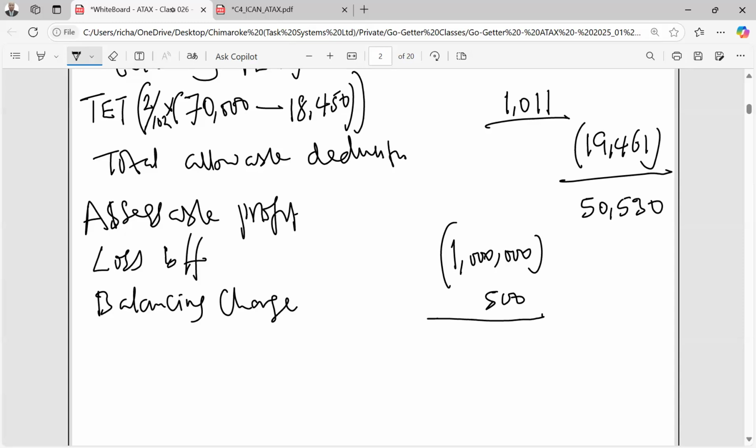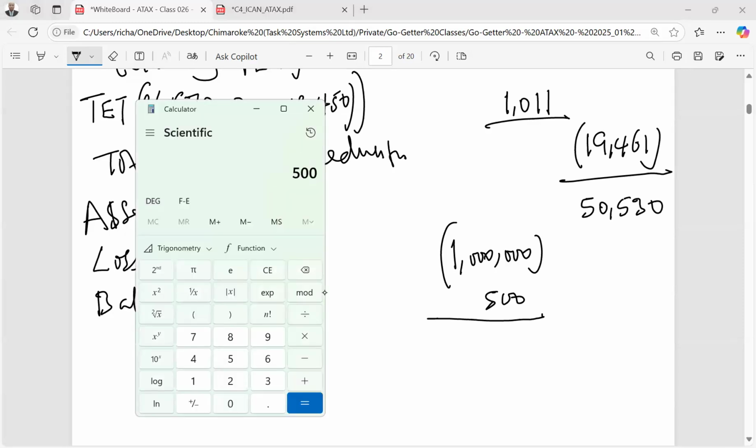Let's just do the calculation. 500 minus 1 million. 999,500. Oh, 1 million is 1,000. Sorry. So 500 minus 1,000. Sorry, what am I doing? Let me look at it again.